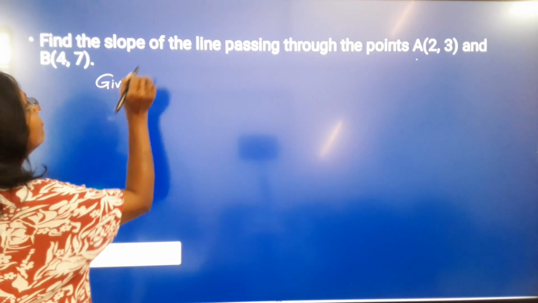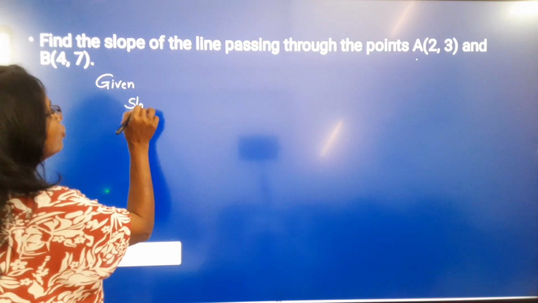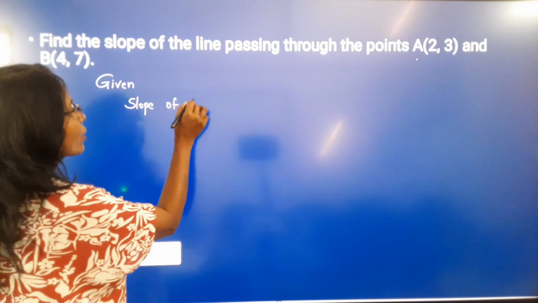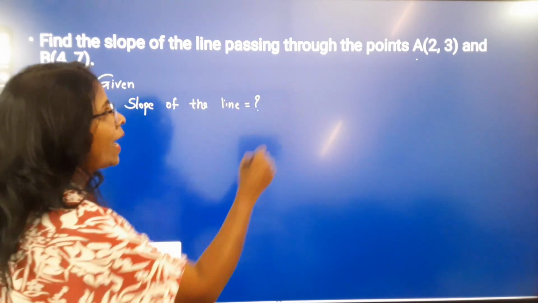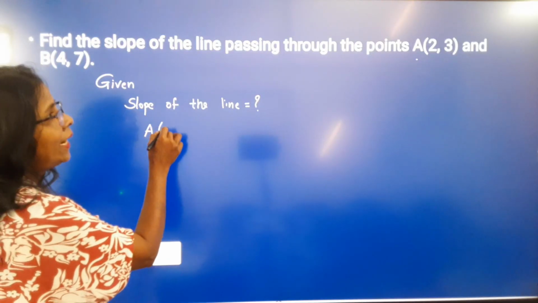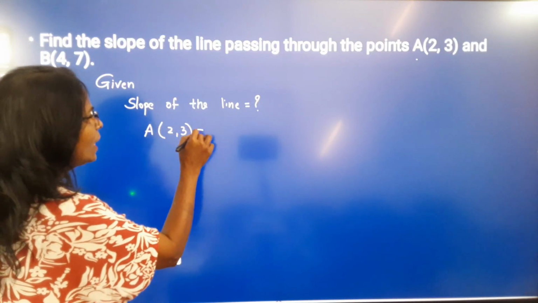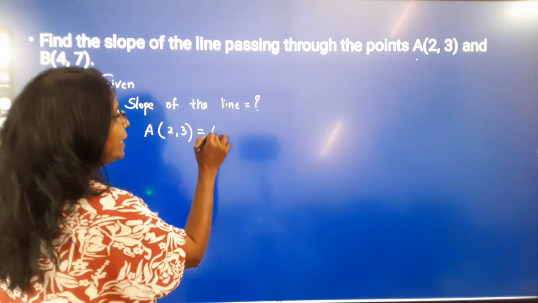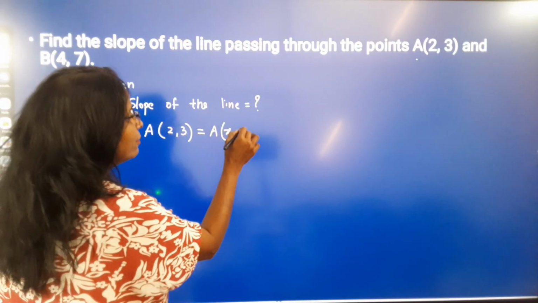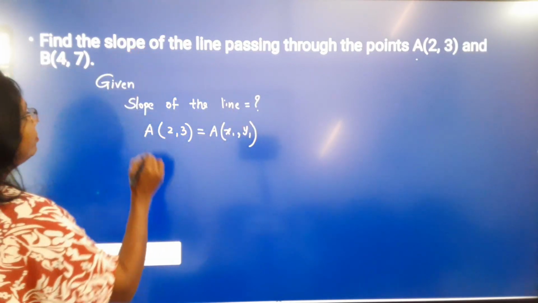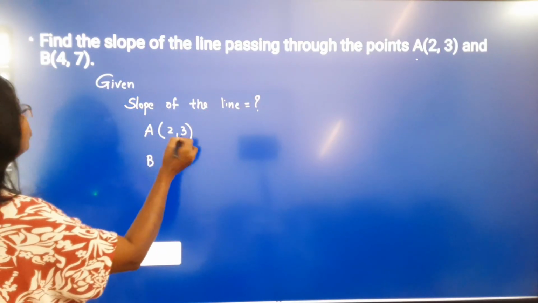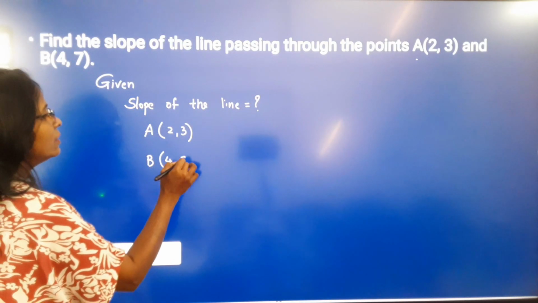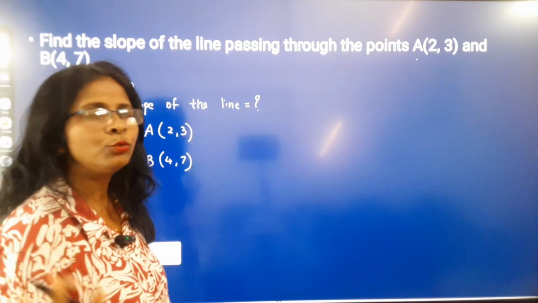Slope of the line is equal to question mark. The first point is A(2, 3), and the second is B(4, 7). These are the two points.